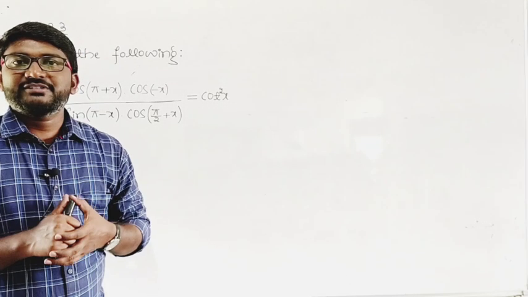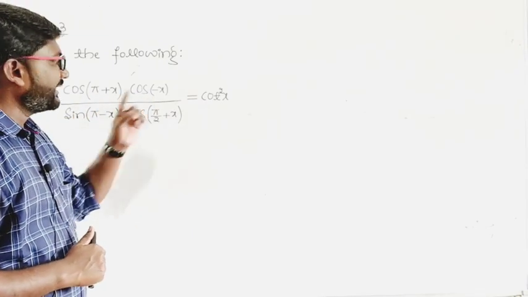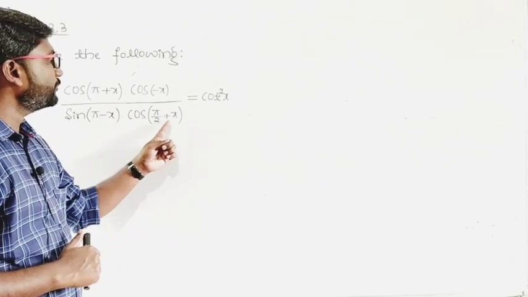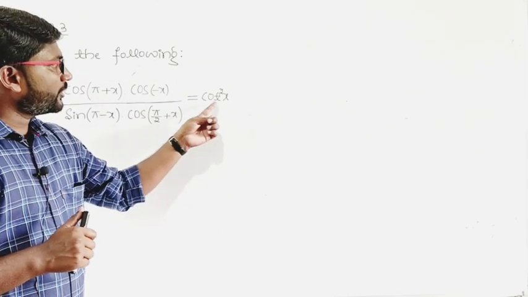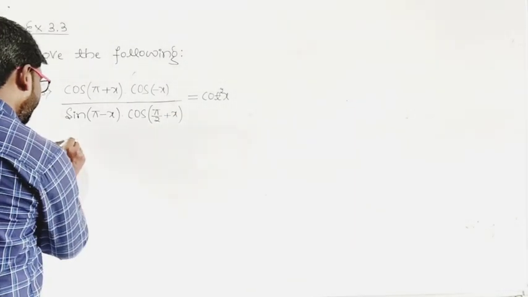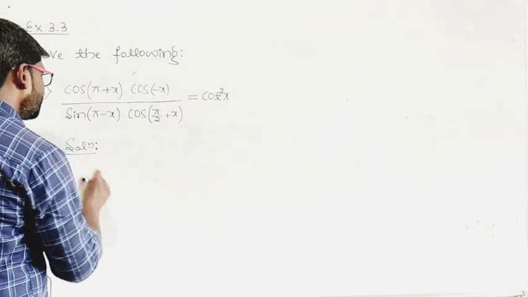Well, the 8th question, it is prove that cos pi plus x into cos of minus x divided by sin pi minus x into cos pi by 2 plus x, which is equals to cot square x. So let us take this as the left hand side. Solution, we'll write the given LHS.